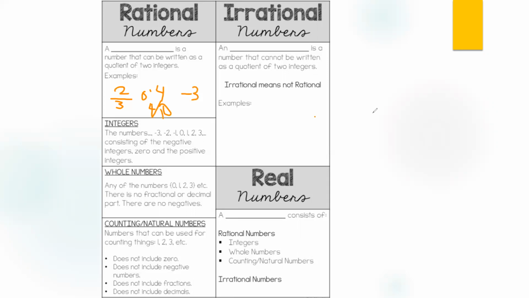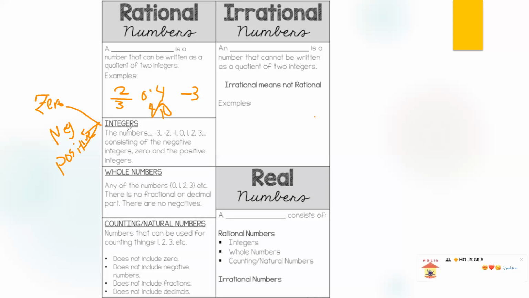Now, let's repeat what the integers are. The integers are the numbers like -3, -2, -1, 0, 1, 2, 3, and so on, consisting of the negative integers, 0, and positive integers. These are the integers.